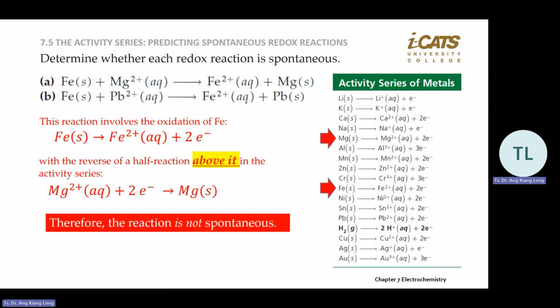Okay, so sorry, this one is oxidation. Fe with the reverse half reaction above it, Mg. Oh, okay. So this one, I gave you the wrong answer just now. You need to read straight away from this table. So you write the half equation: Mg2+, you copy from 2+, and then you read the table here, plus 2e, it becomes Mg, and ferrum.